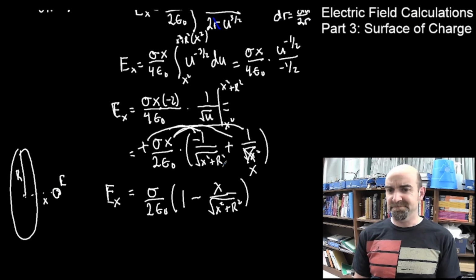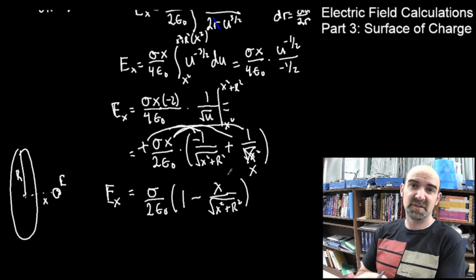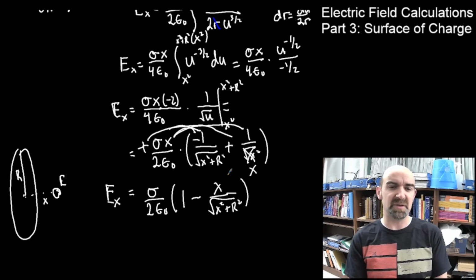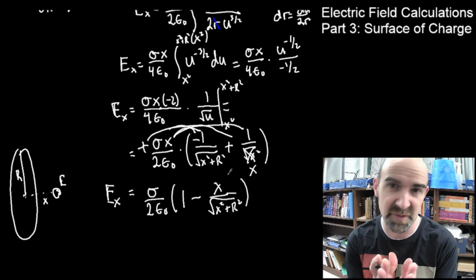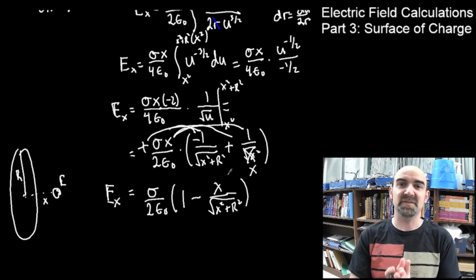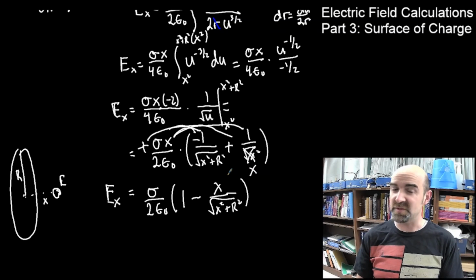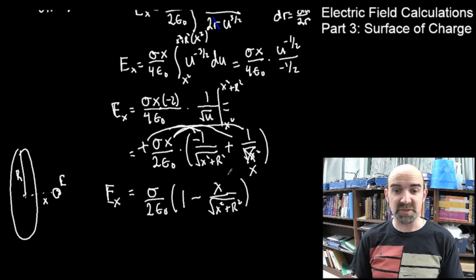All right, looks kind of funky again, but we're going to now consider some limits. In this limit, what we're going to do is like the big line of charge. We're going to get really close to that surface, really close, such that x is much less than the dimension R. And when we do get very close to something like this, it does become like an infinite sheet.